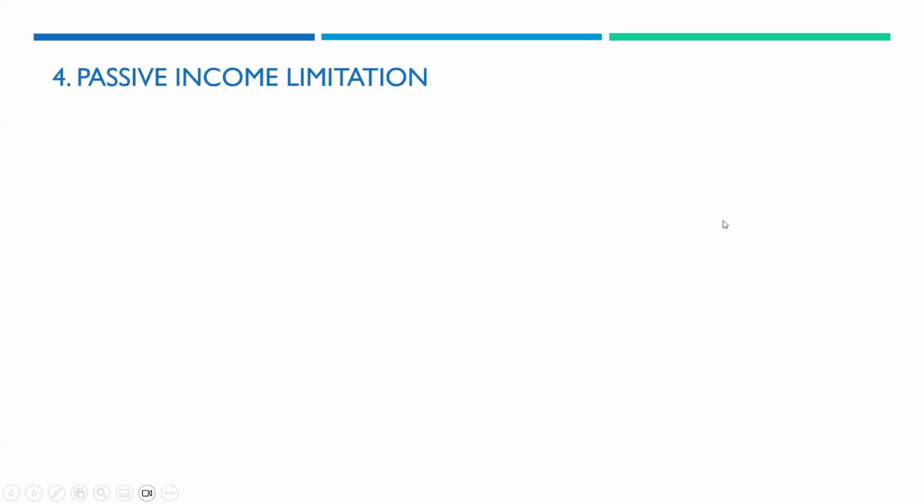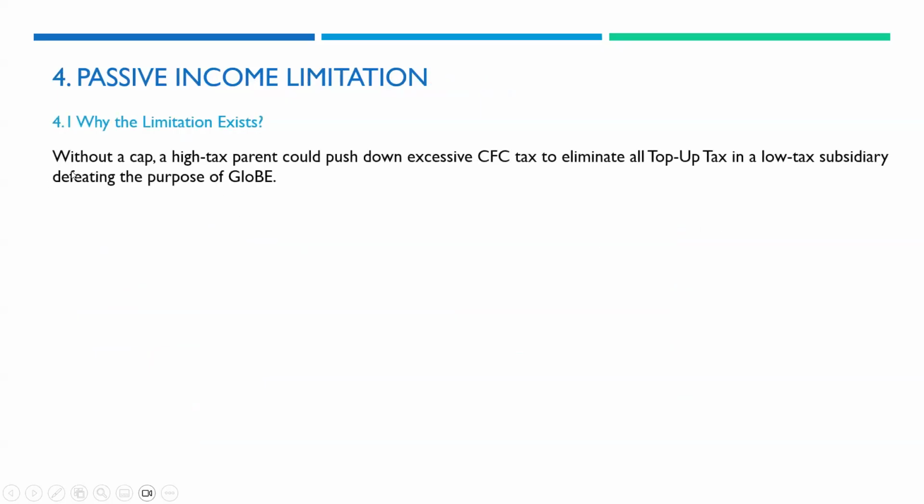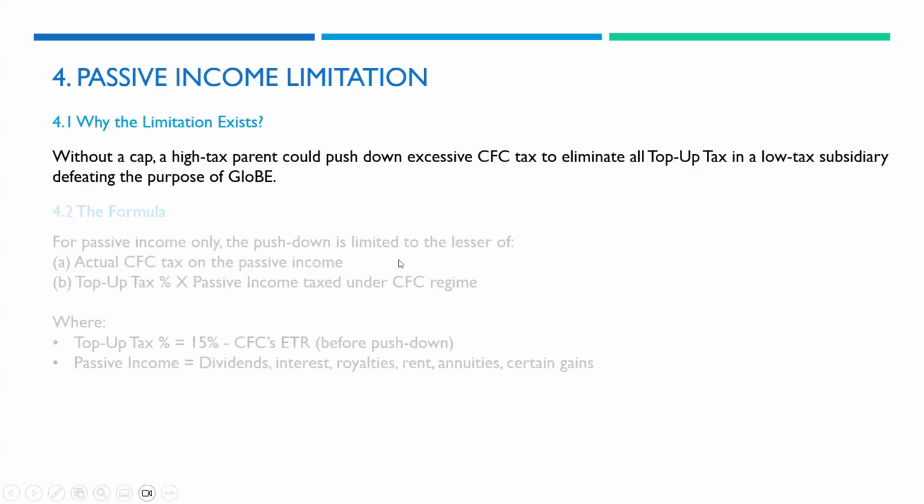So in order to apply that passive income limitation: without a cap, a high tax parent could push down excessive CFC tax to eliminate all top-up tax in the low tax subsidiary, defeating the purpose of the group. So tomorrow, what they will do is put all the passive income in the subsidiary, and since there are higher taxes on the parent, if the parent pushes down that CFC tax onto the subsidiary, then there won't be any low tax subsidiary also.